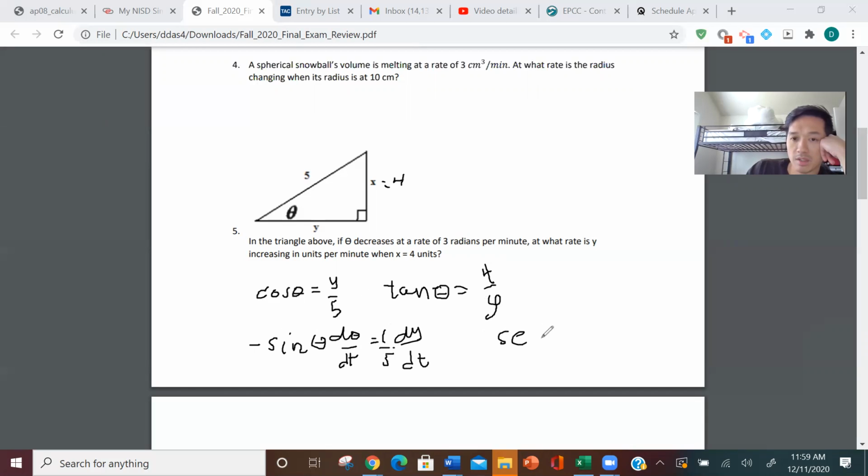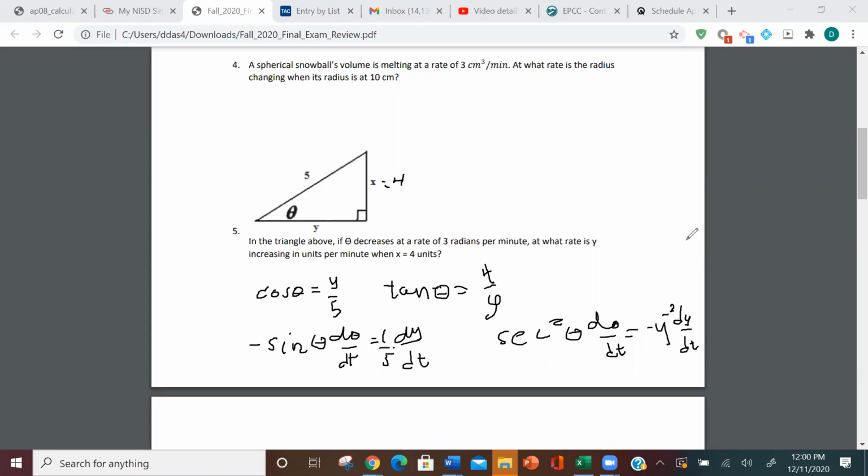We know it's secant squared theta d theta dt equals to, this is on the bottom, so we know this is going to be negative y to the negative 2 dy dt times, obviously, times 4, right? Because we have a 4 right there.